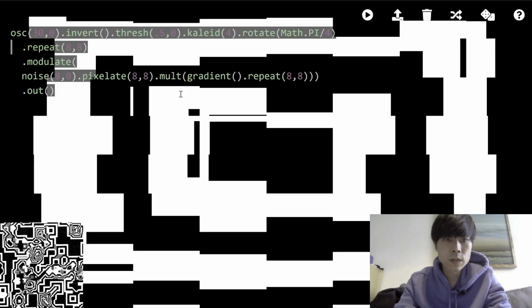That's actually quite interesting because it makes the size of the shape different. Obviously it's not what I wanted, but the effect is quite interesting. Because gradient does an interesting thing with the modulate.